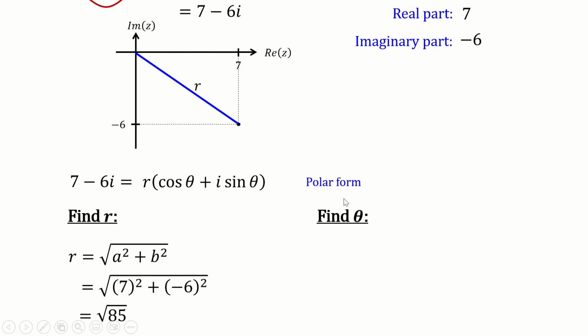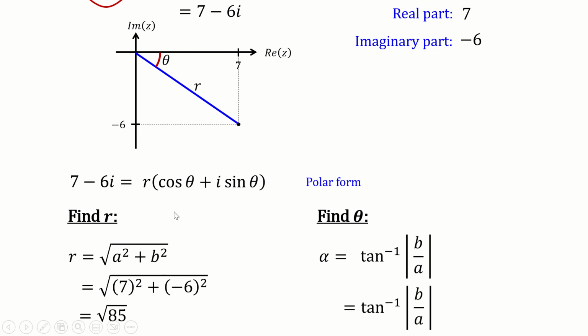So theta is the angle here. Before we find theta, we need to find alpha first. The formula for alpha is arctangent of the modulus of b over a, where b is the imaginary part and a is the real part. So we can substitute: b is negative 6 and a is 7.